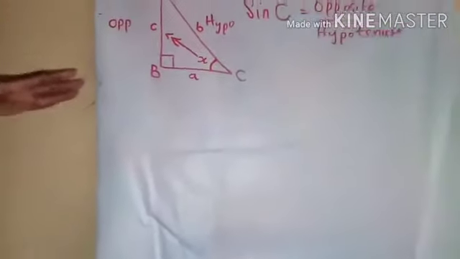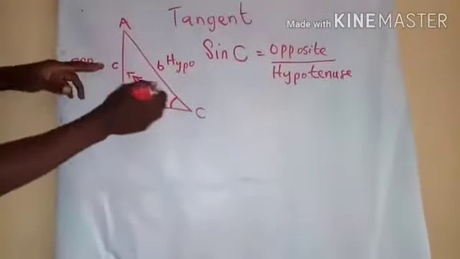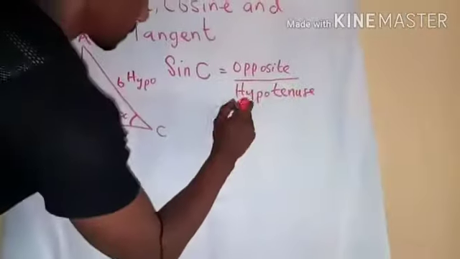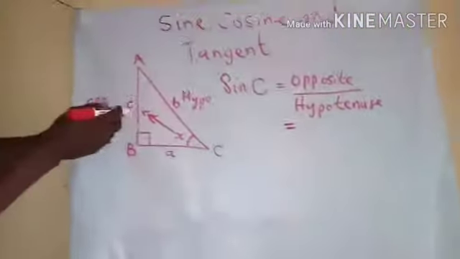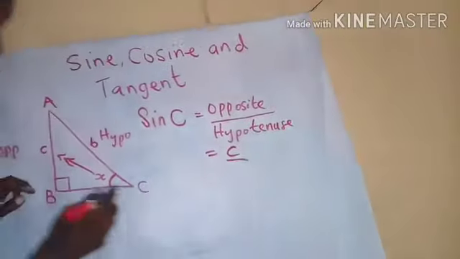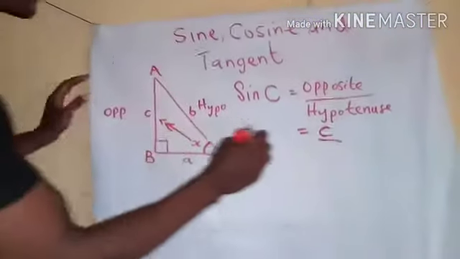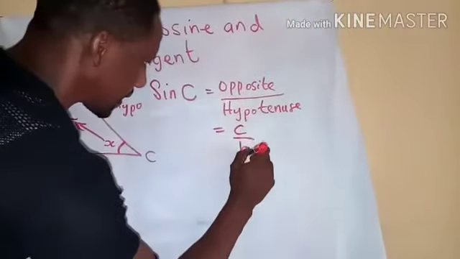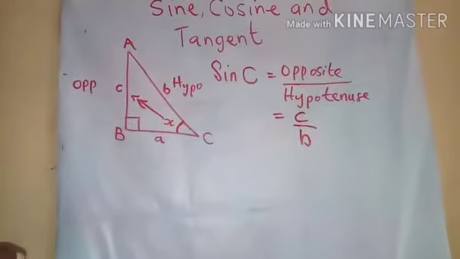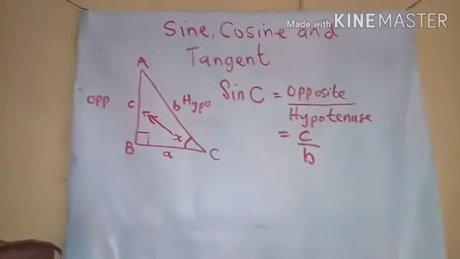So sine C is equal to opposite over hypotenuse, which is the same as opposite is C, while our hypotenuse is B. So that's how we derive sine C.